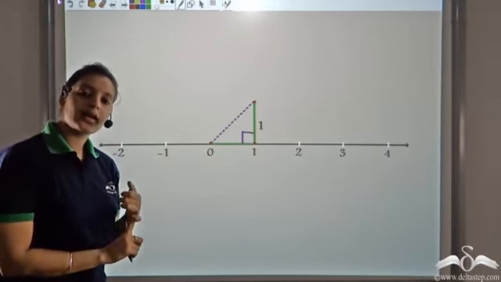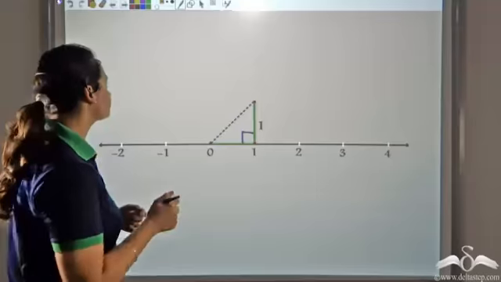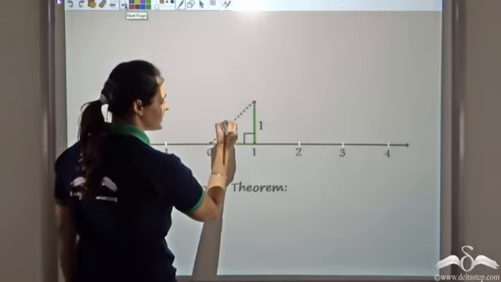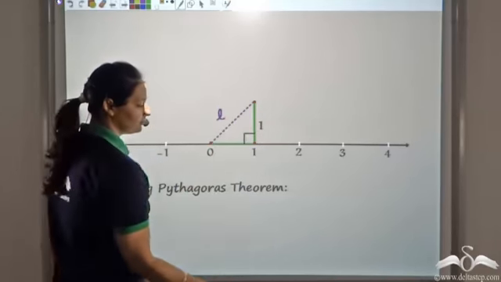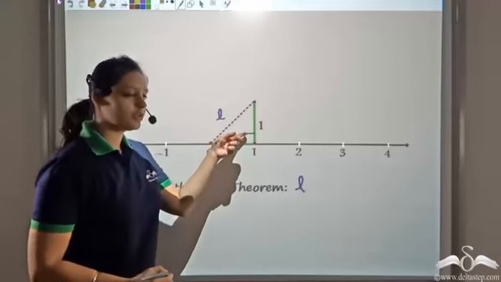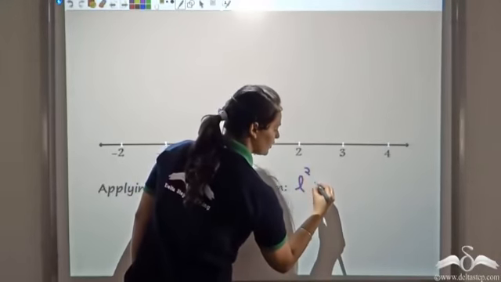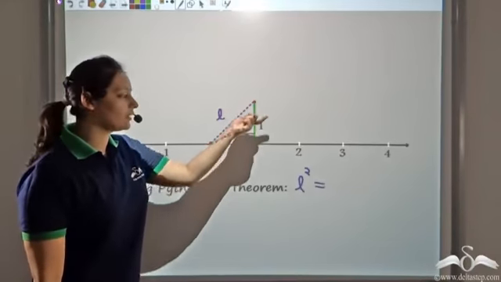Now as soon as I have a right angle triangle, what strikes me is the Pythagoras theorem. So I can apply Pythagoras theorem here. Let's say that the length of this purple line here is L. Applying Pythagoras theorem, this is the hypotenuse opposite to the right angle, so L square would be equal to the sum of squares of the other two sides.